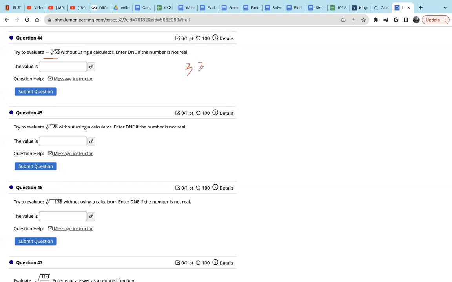And we know 32 can be written as 2 raised to 5. Then if we do fifth root, so the index is 5. When the index and the power are the same, they cancel each other. So it's going to get 2. But we have this negative sign in front, so we get negative 2.